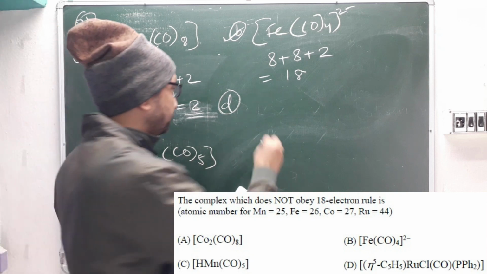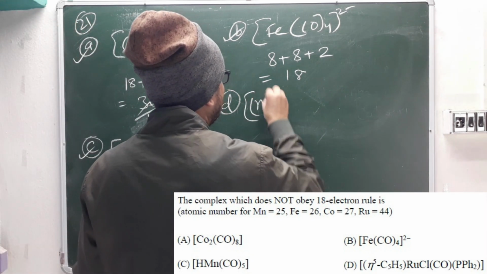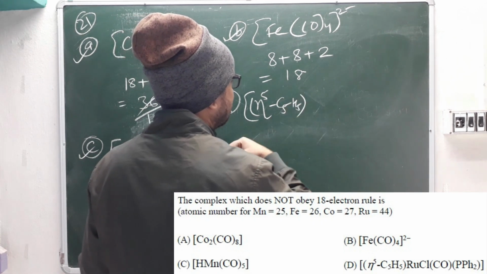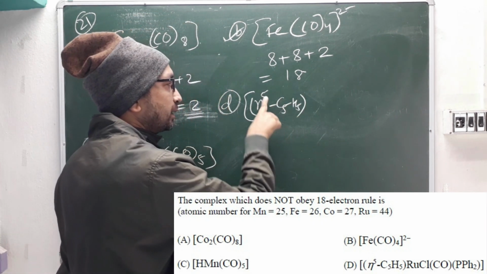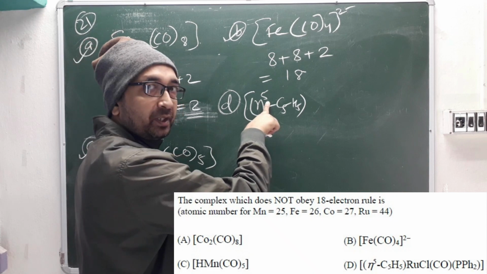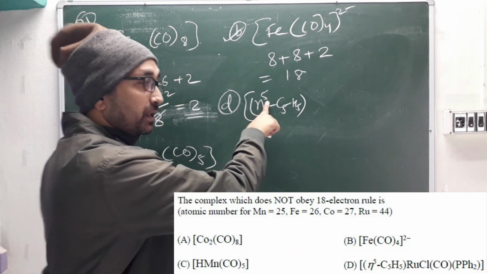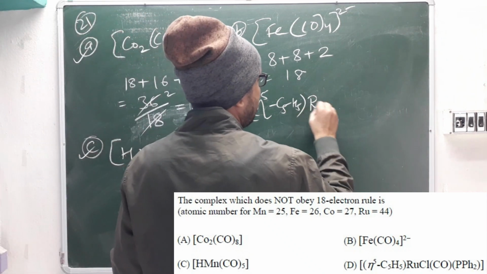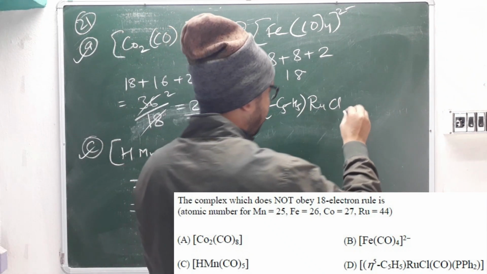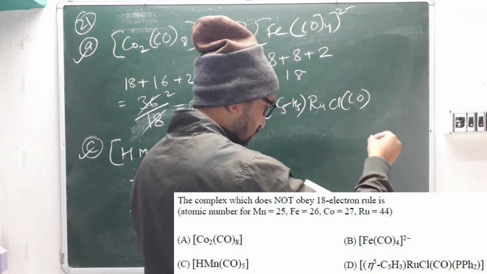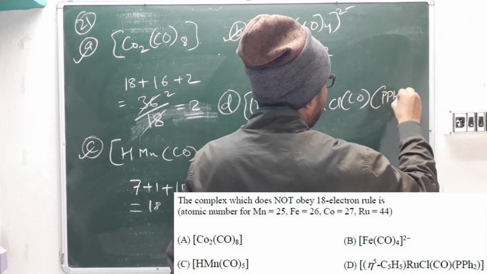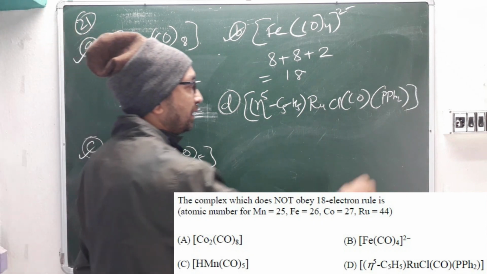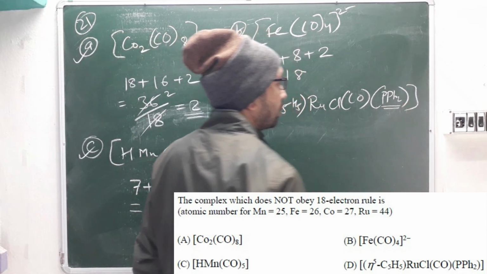Option D has eta 5 C5H5, cyclopentadienyl. If it is written eta 5, it means 5 electrons are contributing, correct? And then ruthenium, chloride, and then carbonyl and PPH2, right? Here, just be careful about this. They have asked PPH2, not PPH3.